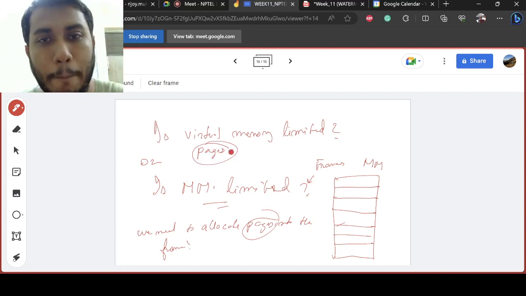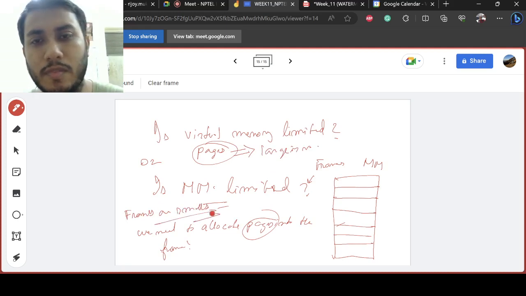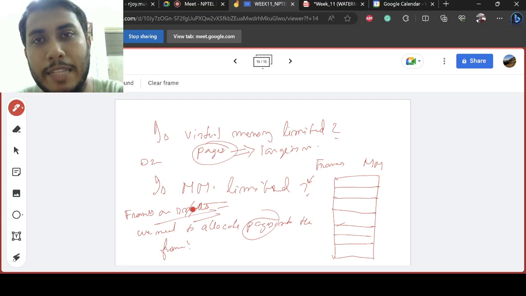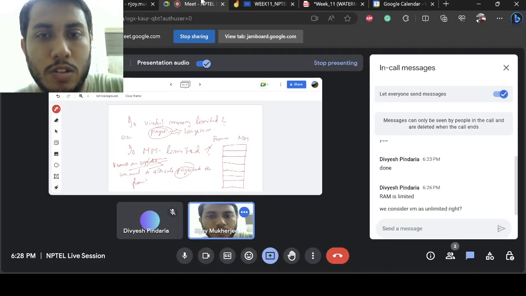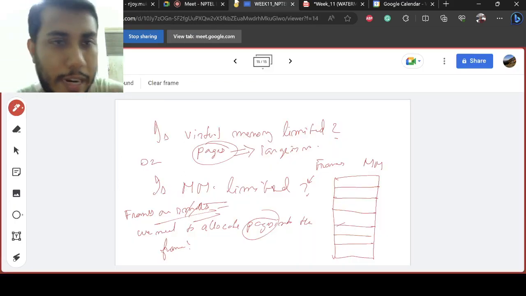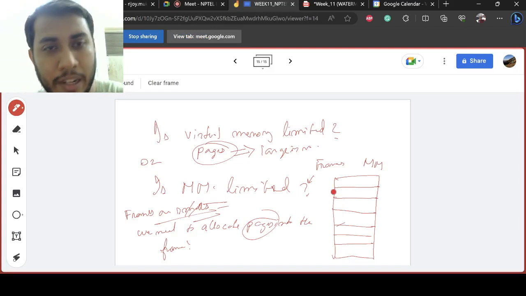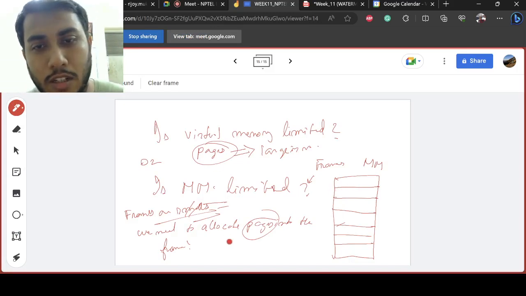Whereas your pages are large in number, frames are small, let's say limited. So at a time, all the pages cannot be present in your main memory, because all the frames will not be empty, right?